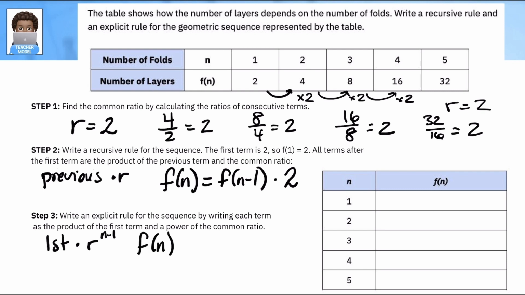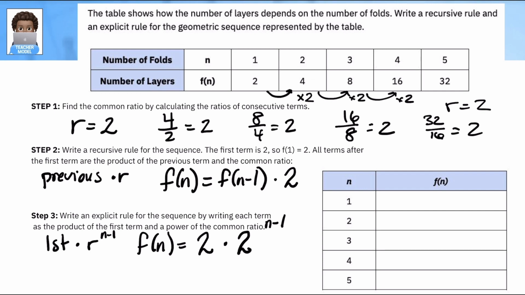So f of n is equal to our first term, which is 2, times 2 to the n minus 1. So that is what we have for now.